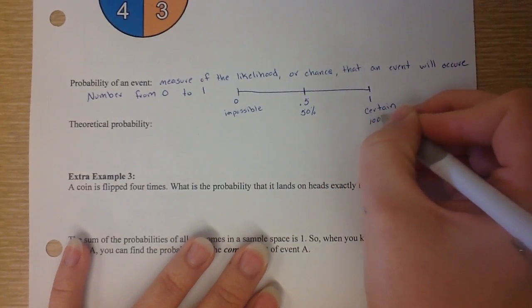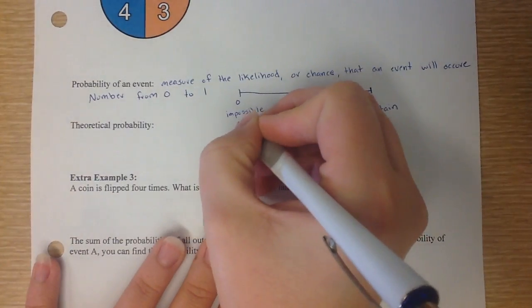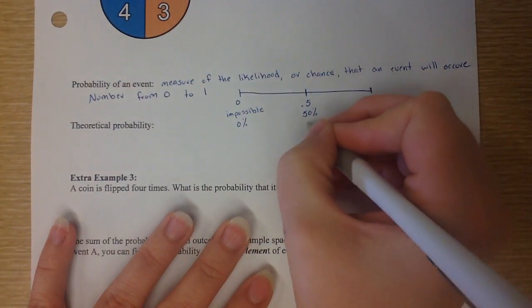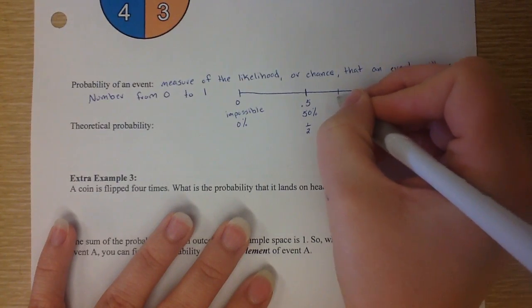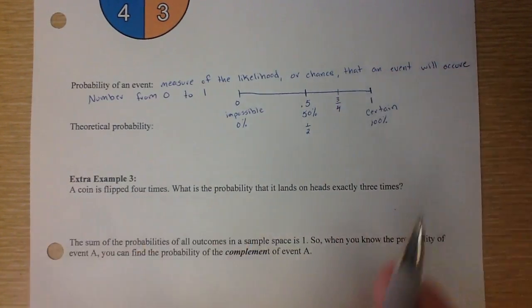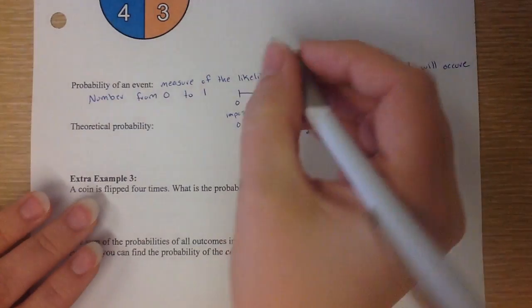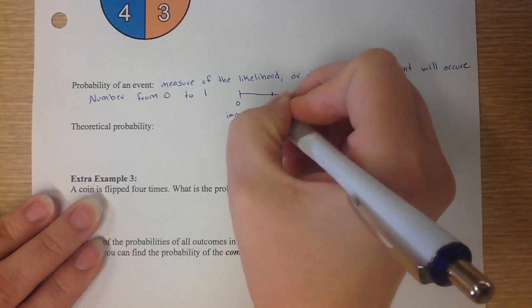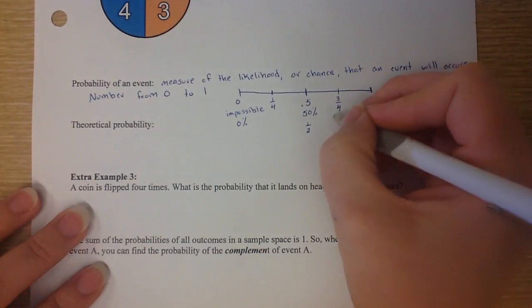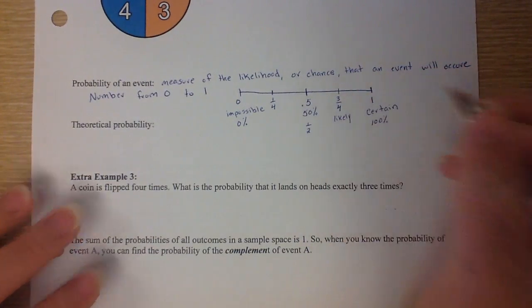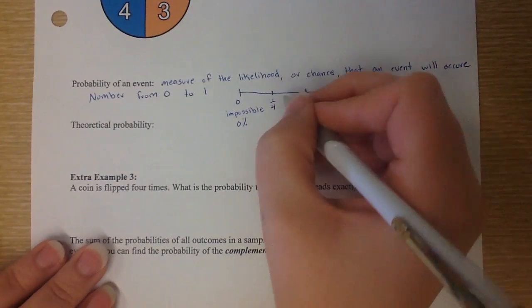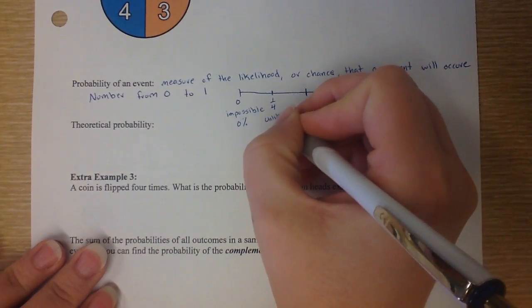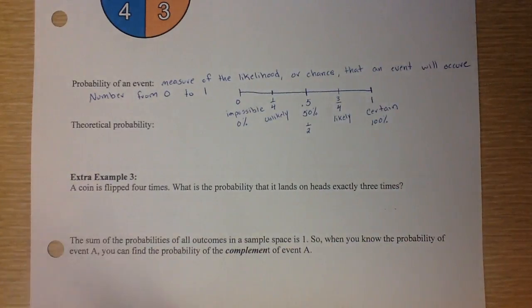So certain is 1 or 100%, or here 0%. We could also write them as fractions. This is 1/2, and this would be 1. Then we could also have something like 3/4 here and so forth. We say 3/4 is pretty likely. Not for certain, because it's not 100%, but 3/4 or better, we tend to say likely, and 1/4 or less, we like to say unlikely. It's unlikely to happen.